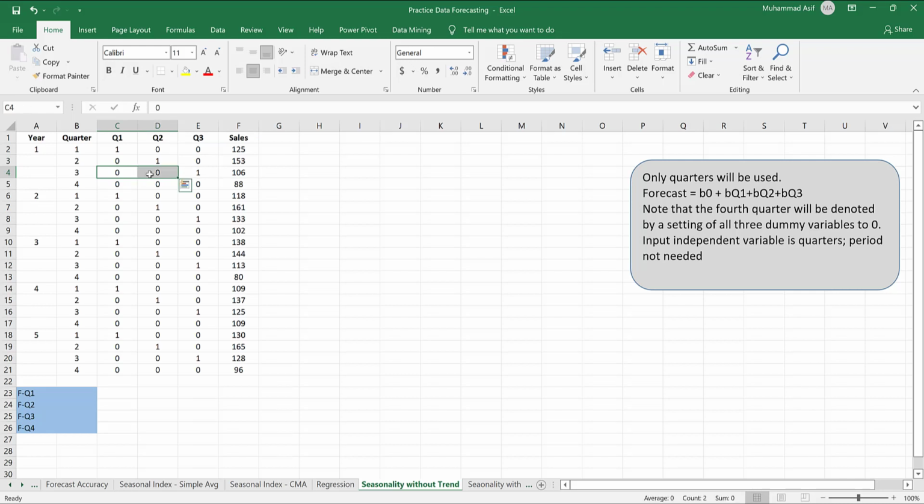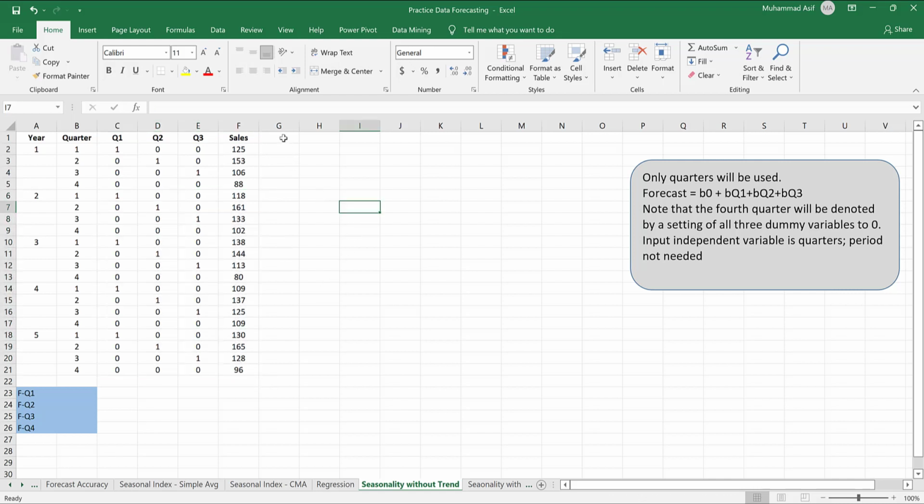And when we talk about quarter 4, all of Q1, Q2, and Q3 become 0. So in other words, the rule is that only the season that is currently relevant becomes 1, and all others become 0. The same thing is repeated for year 2, year 3, year 4, year 5, and onwards.